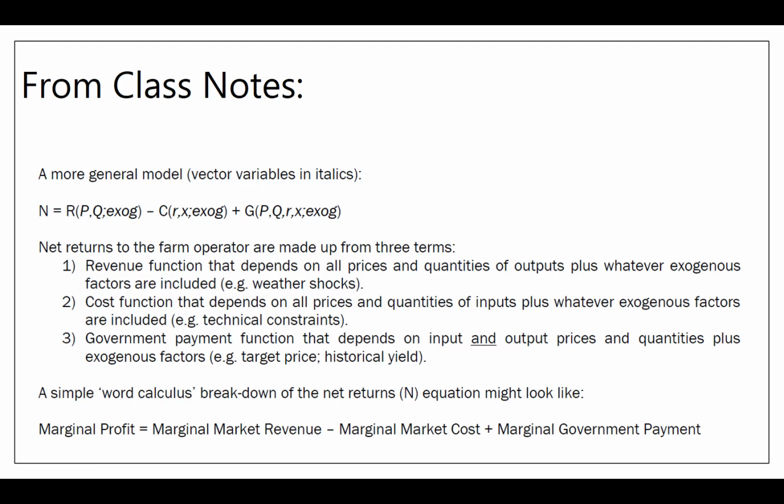If you wanted to, and so here you can see those notes, and then I say if you wanted to think of this in words, calculus, the last thing I did on the board, then you could think about it as taking the derivative of the left-hand side with respect to the output quantity would be the easiest thing to think of. What's the marginal profit from an additional unit of output?